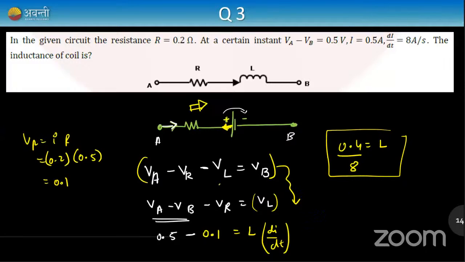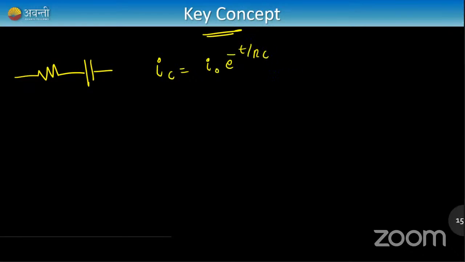Okay, awesome. So one more very key concept in solving problems is this one. I hope you remember RC charging and discharging. With a resistance and a capacitor, the current in the capacitor is given as I naught into e raised to minus t by RC. I hope you remember this formula, right?